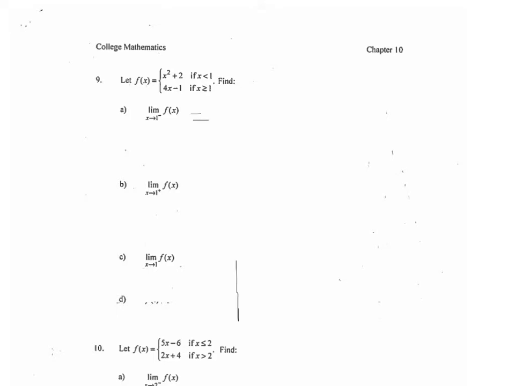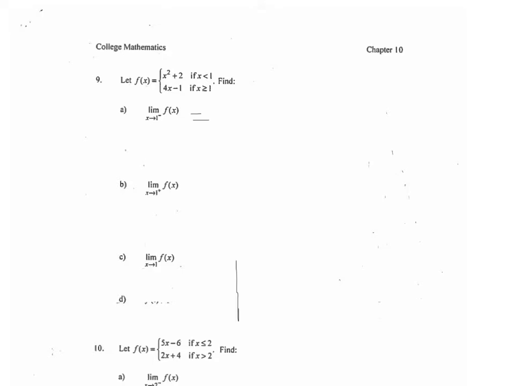If I'm approaching 1 from the left, I've got to figure out which one I plug into. If x is less than 1, that's going to be coming from the left, right? So I plug into the top one. Would you agree? Okay. If it's a one-sided limit and the value they've given you is in the domain restriction, then you're only going to be plugging into one or the other.